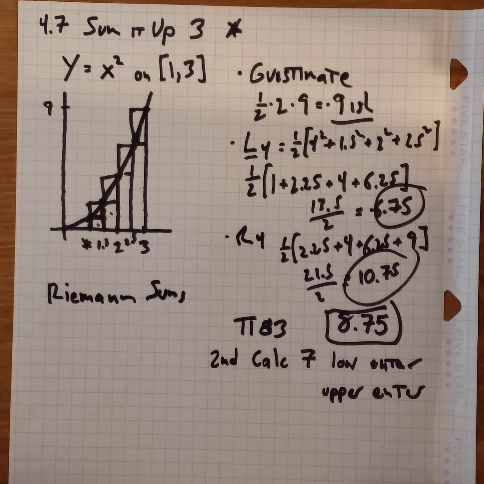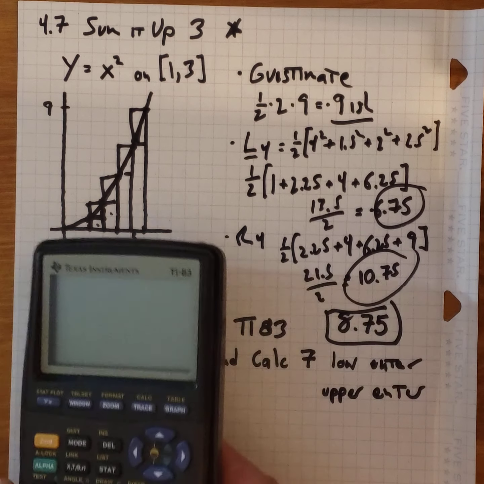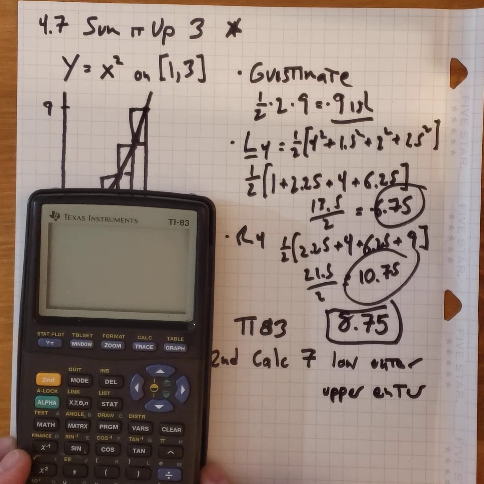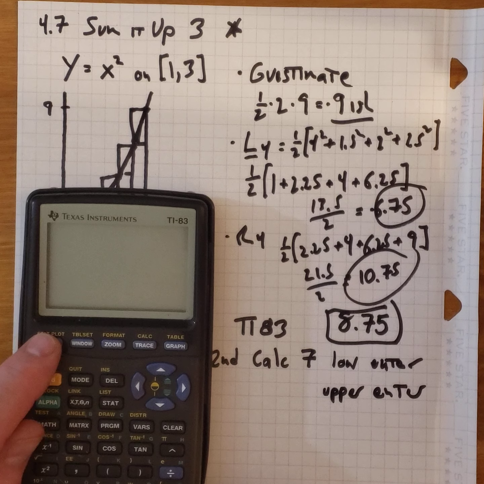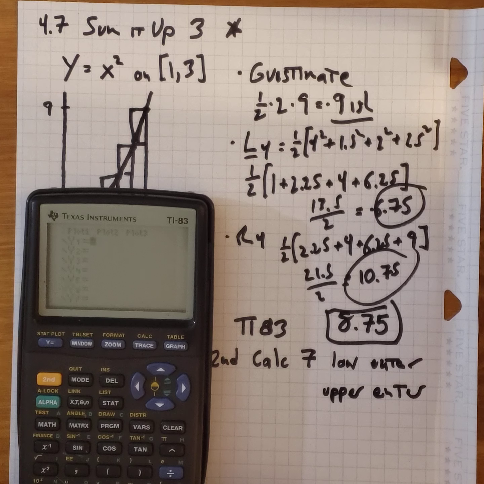The last thing I want to show you is how to find the actual area, or a decimal approximation for the actual area, using the calculator. It's a real quick and easy process. You just turn the calculator on first, put in x squared, and get your curve.